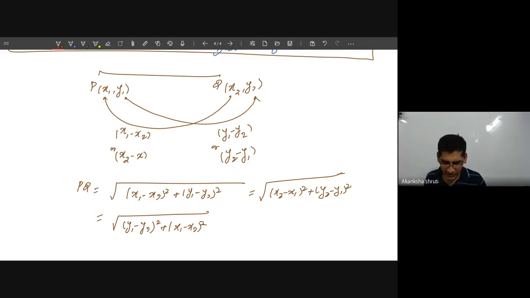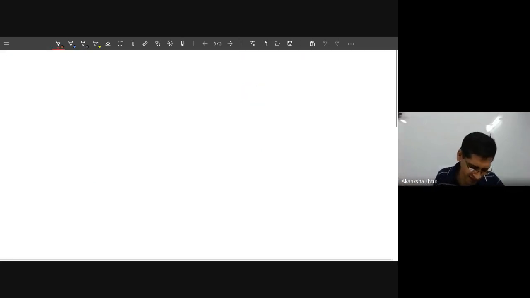Now, student, it is possible that, say, the point P is the origin 0, 0, and Q is just one of the points, say x1, y1, or say x2, y2, only one, or say only xy. Then how does the formula turn out? Right? There are special cases.